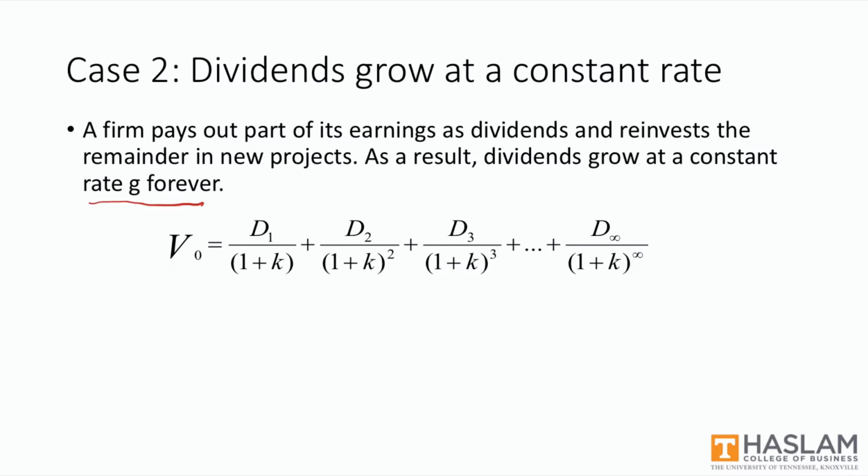And so what does that mean for our valuation formula? Well, once again, we'll start with the basic dividend discount model formula, and then we're just going to deal with special structure for these dividends.